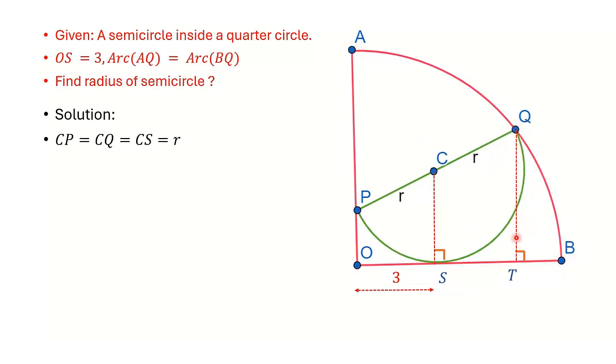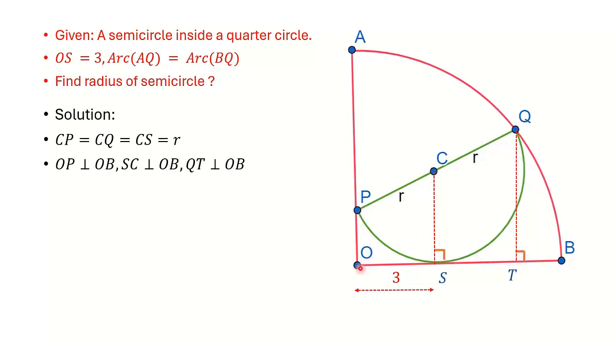So this QT is perpendicular to line OB. Now see, what is this angle? That is POS. This angle will be 90 degrees because this is a quarter circle.